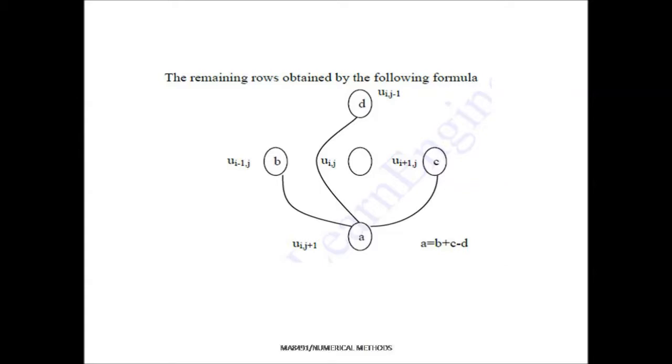After finding the boundary values in the table, the remaining rows are obtained by the following formula, which is represented in pictorial form, where a is the value we are going to find, and b, d, c are the values in the above rows.